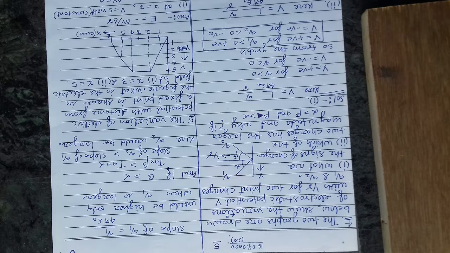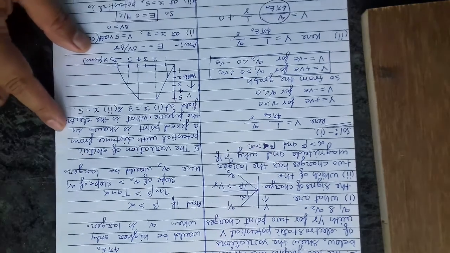So potential is negative. Potential is negative only when your charge is negative. So Q1 is greater than 0 and Q2 is less than 0, corresponding to positive and negative charges. Right.